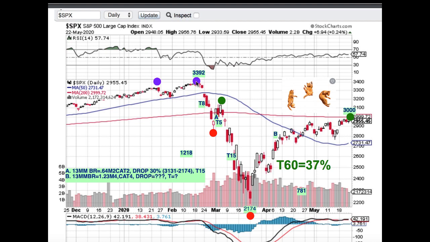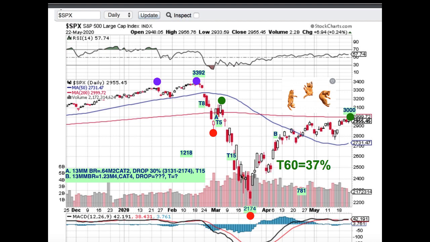Now, overall, this leg from 33.92 to 21.74 is about 36%. But after bounce A, that's what we want to measure in order to estimate the ratio of this bounce B. If we take 31.31, subtract the 21.74, and divide that number by 31.31, you will get a drop of 30% within a time frame of 15 days.